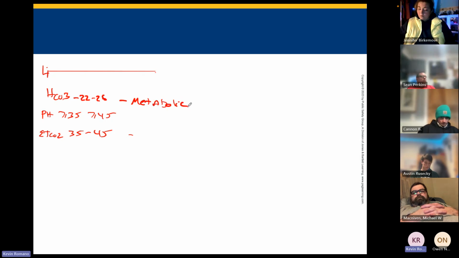Can you guys read that? Metabolic. Oops, my finger touched the screen. Respiratory. You guys see that?